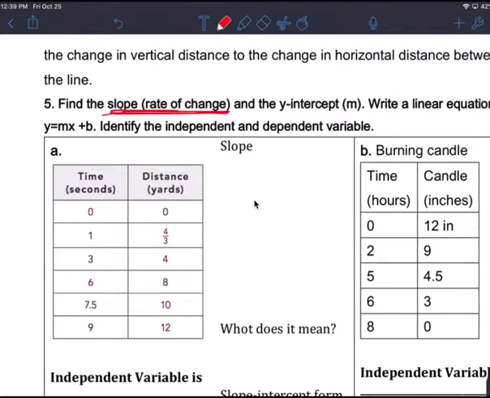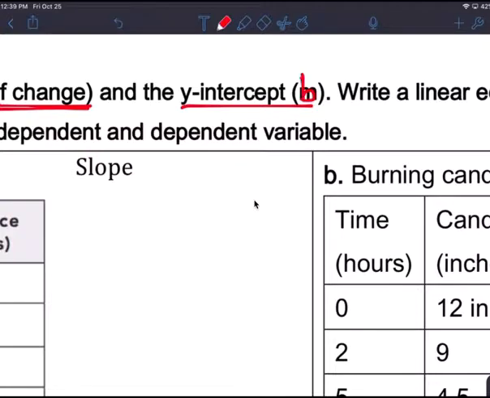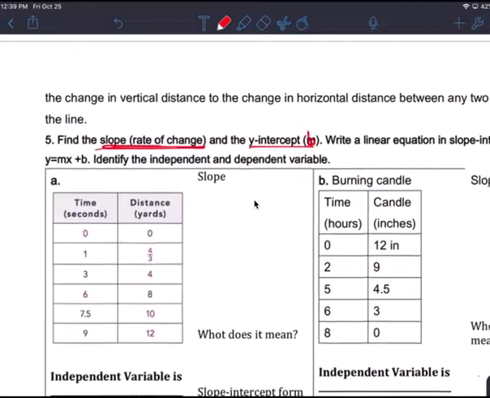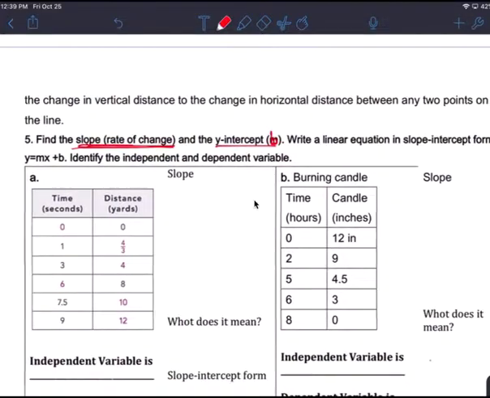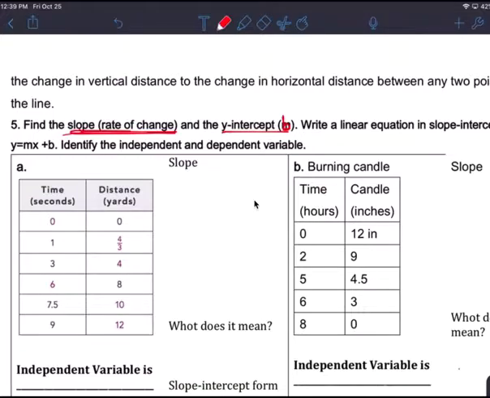If not, it'll show up again, so best to learn it. And the y-intercept, oh, not m, it should be b. Rate of change, slope of m, y-intercept of b. Write a linear equation in slope-intercept form: y equals mx plus b. Identify the independent and dependent variable.